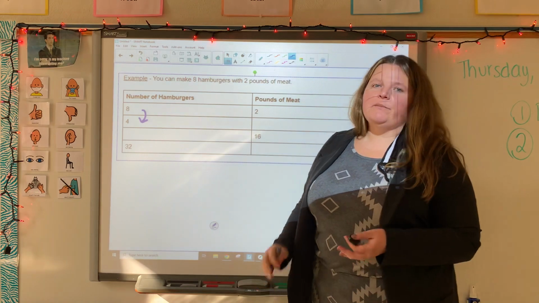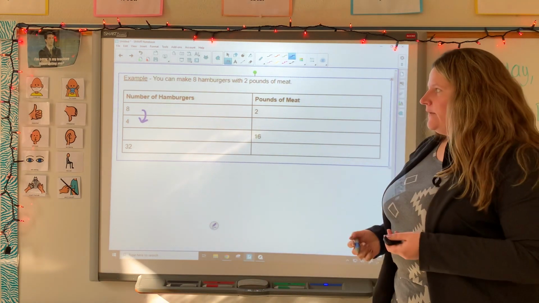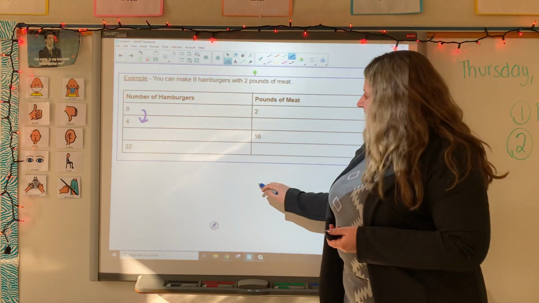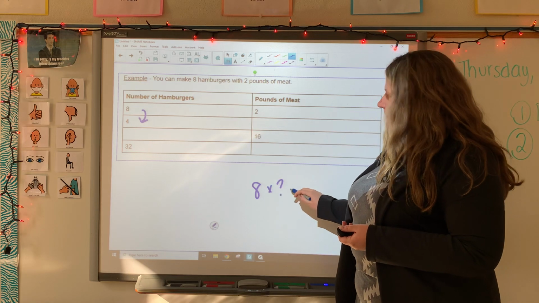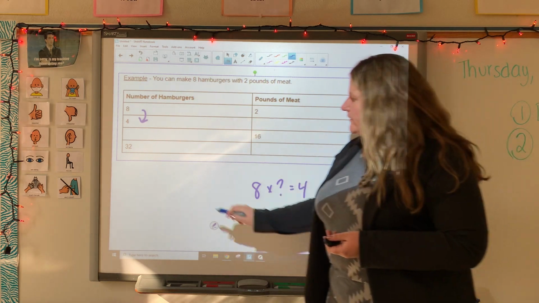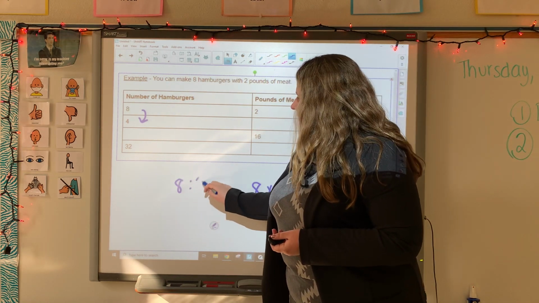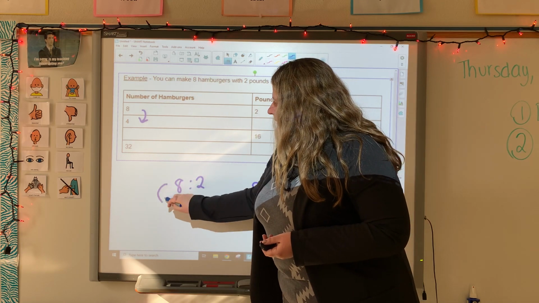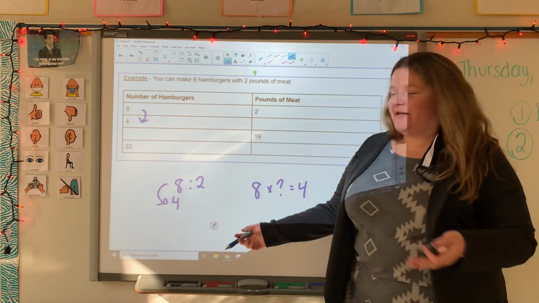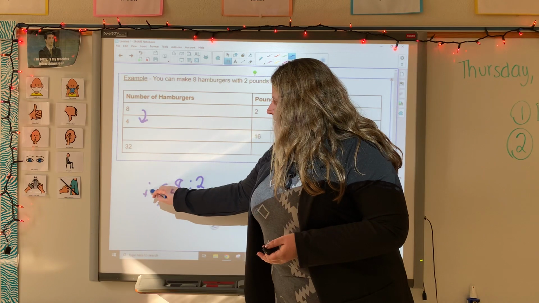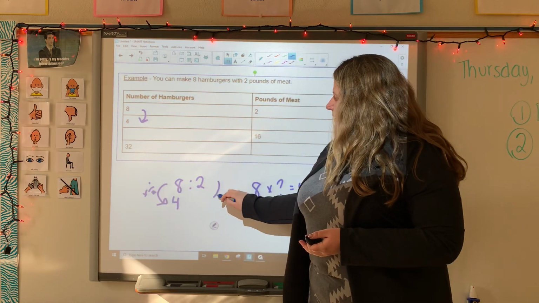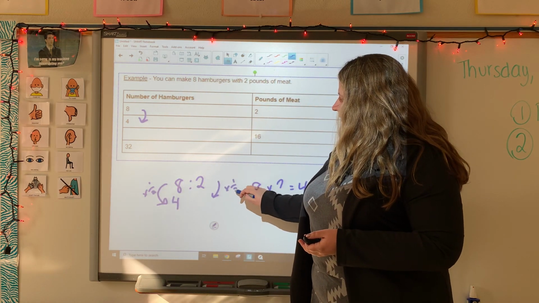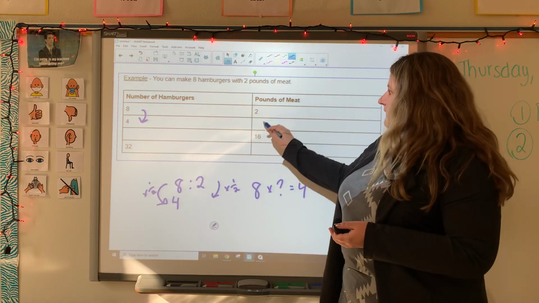Now we wanna remember that we're either multiplying or dividing. I can write my ratio as 8 to 2, and we're trying to get down to 4. I might know in my head that that's half of it, or I'm dividing by 2. So I'm gonna cut this one in half, or divide it by 2, and half of 2 is 1.